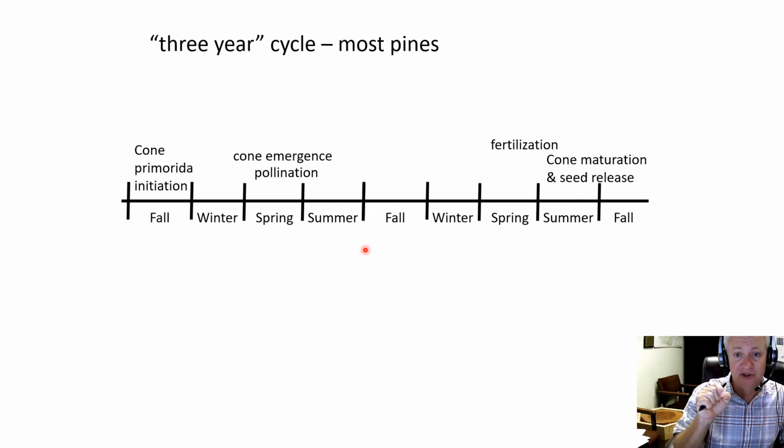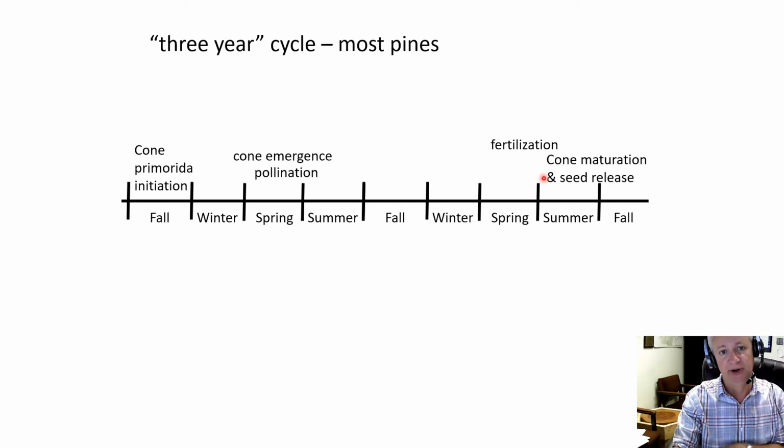Pollen tube growth usually starts, but then that pollen tube growth is arrested, and that's where things diverge. Basically the whole process stops for almost a year. And it's not until the following spring that pollen tube growth initiates again.